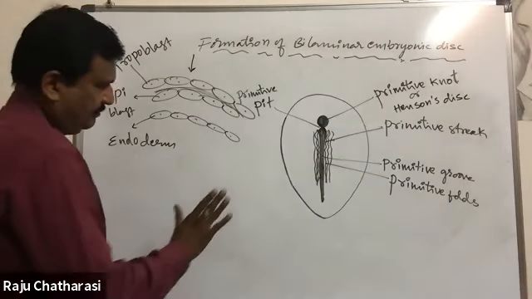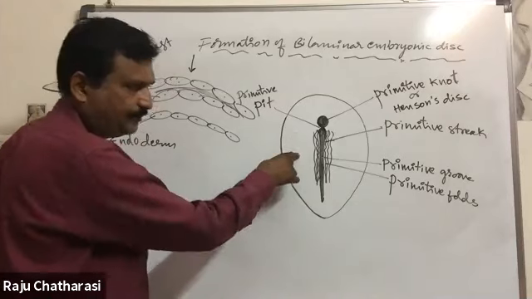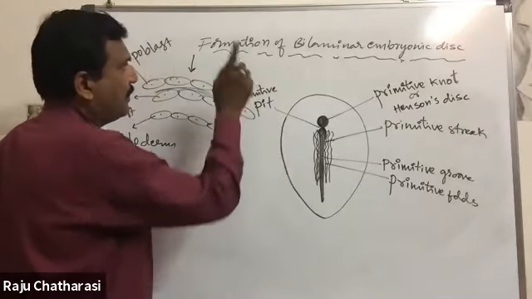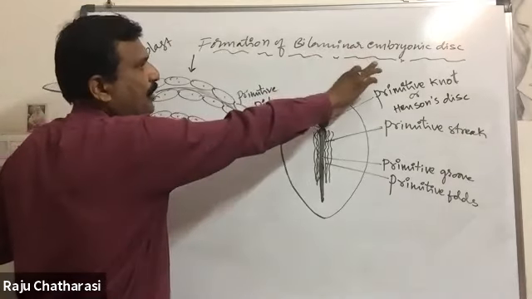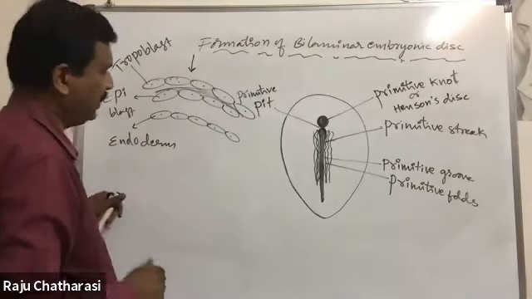This is the bilaminar embryonic disc. Next it develops into the trilaminar embryonic disc. Instead of bi, trilaminar embryonic disc.